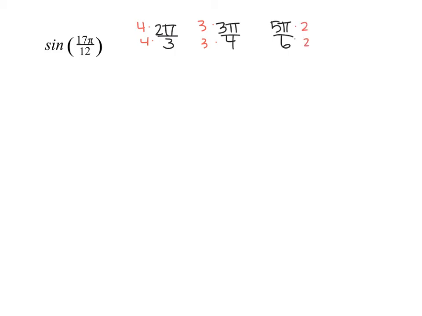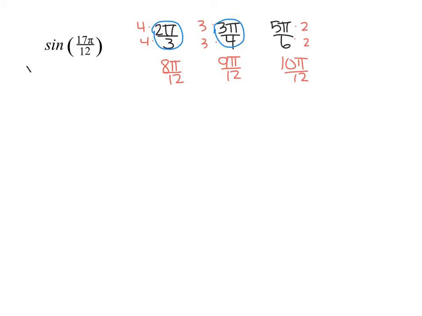So we're looking at the angles 8 pi over 12, 9 pi over 12, and 10 pi over 12. And if we look, 9 plus 8 is 17. So if I add my 2 pi over 3 angle with my 3 pi over 4 angle, we're going to get 17 pi over 12.